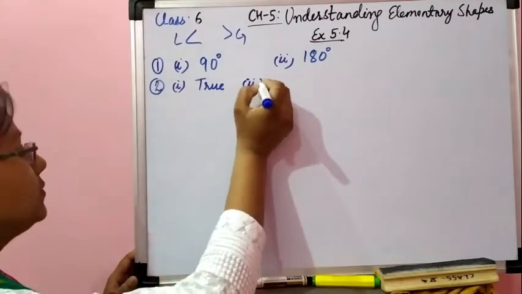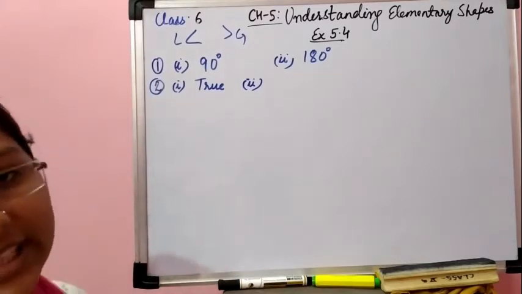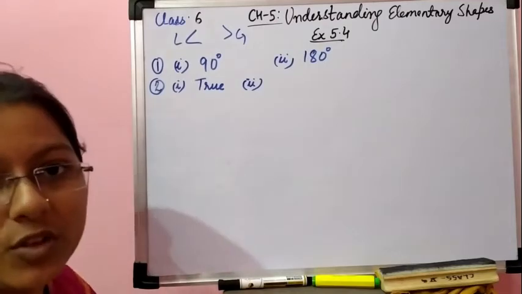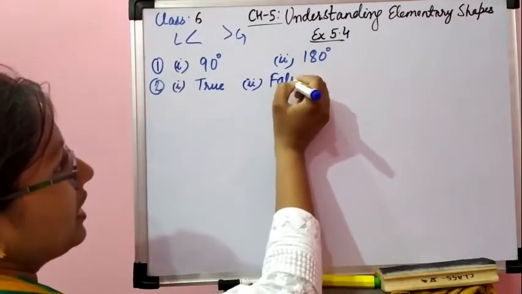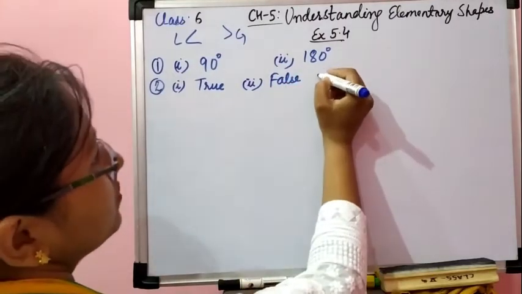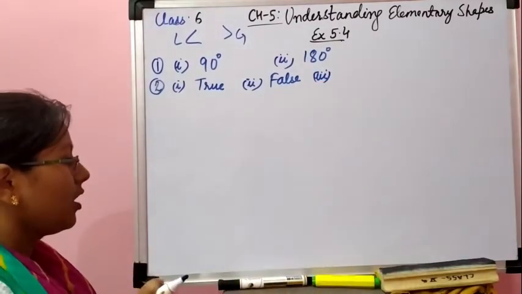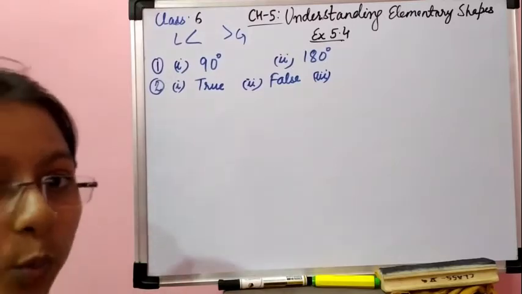Similarly in the second part, the measure of an obtuse angle is more than 90 degree. Sorry, it is less than 90 degree. So it is absolutely false. क्योंकि हमें पता है obtuse angle is more than 90 but less than 180 degree. Then next is the measure of a reflex angle is greater than 180 degree.